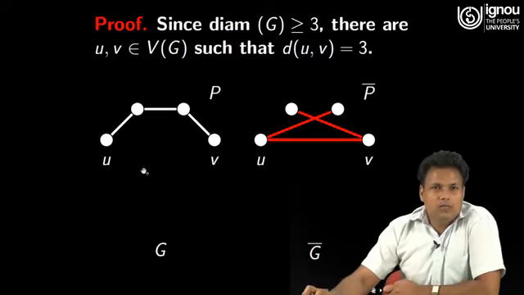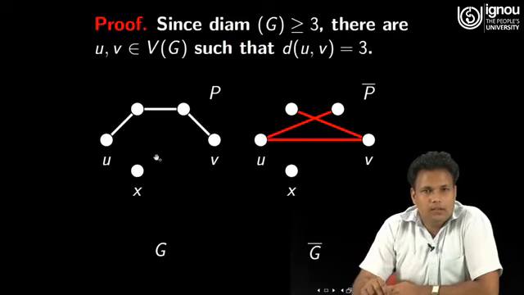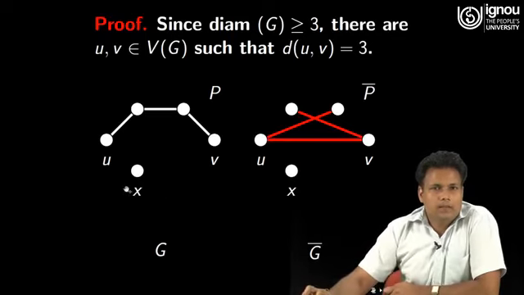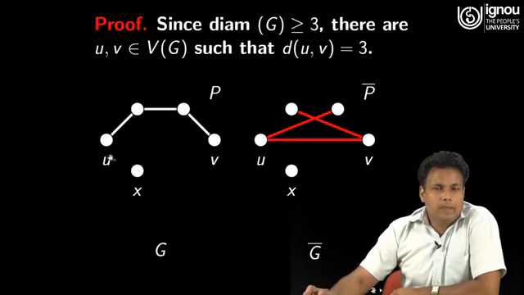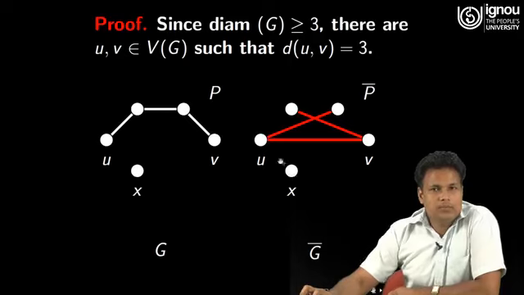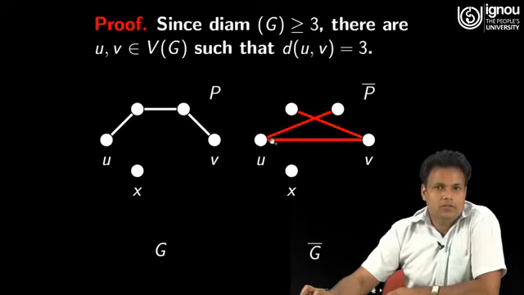Now consider some vertex X that is not on this path, and let Y be any vertex on this path. In that case, what happens? Since X cannot be adjacent to both U and V here, because the diameter of G is at least 3, right, X would be adjacent to at least one of these two vertices in G bar.